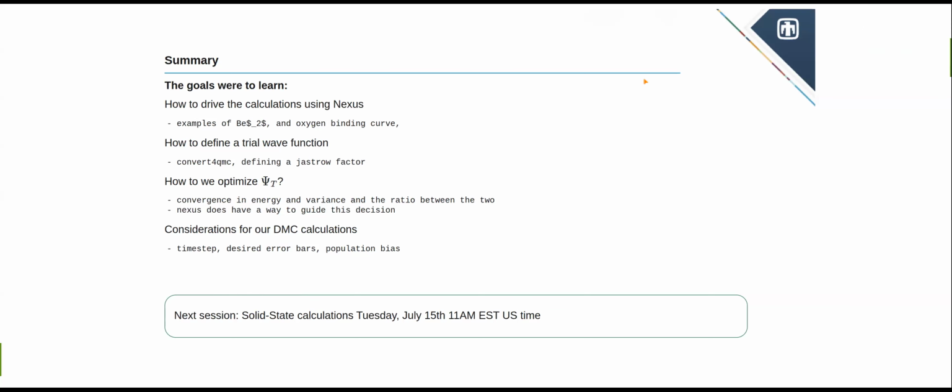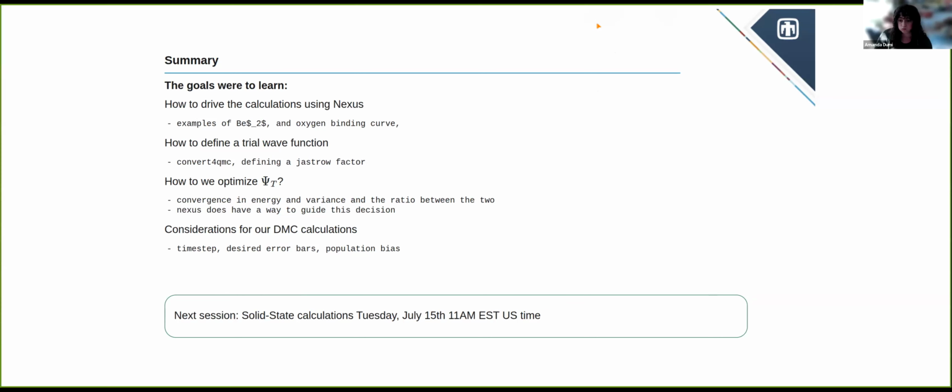Thanks very much, Amanda. I see some thumbs up coming through the Zoom. I'm keeping an eye on both the Zoom chat and the Slack for any questions. I don't see any yet, but I've got some comments and questions. First of all, I'd really encourage everyone to try these examples and set up their own calculations.